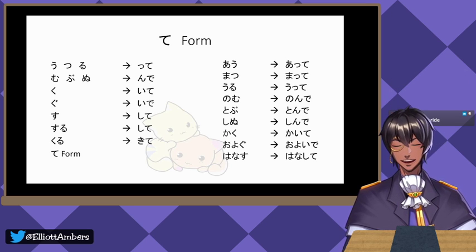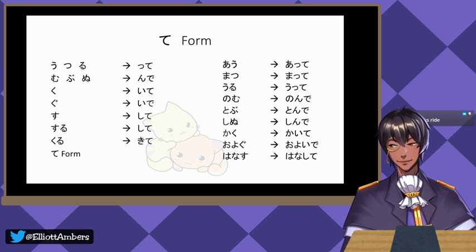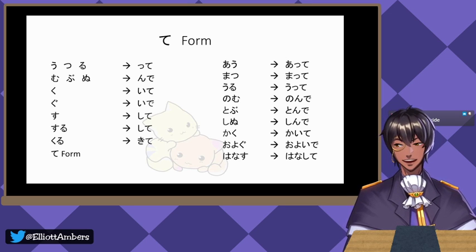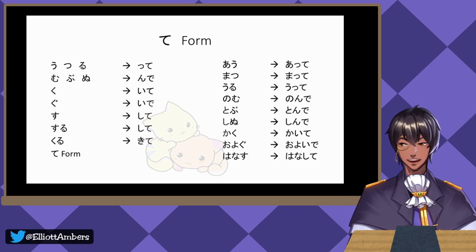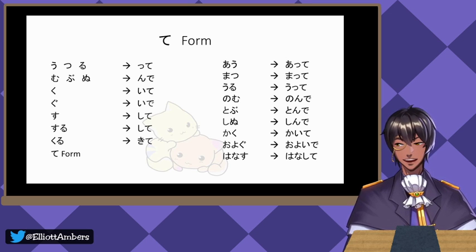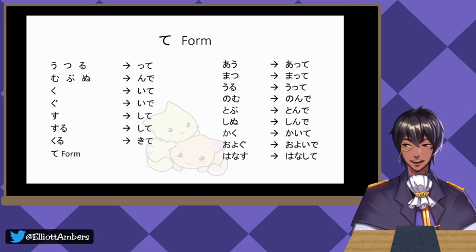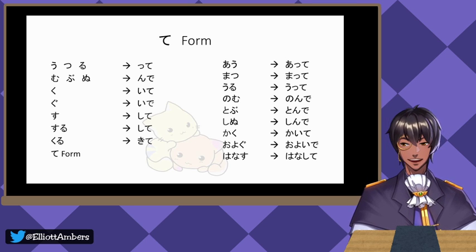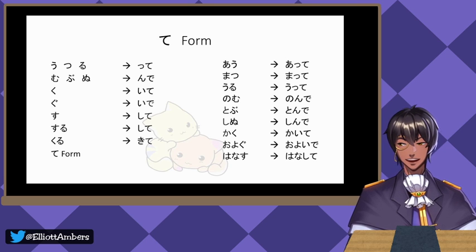So if you have u, tsu, or ru, you end it with te. Mu, bu, nu, any word that ends with those kana, end with nde. Ku ends with ite, gu ends with ide. Suru and su both end in shite. And kuru I didn't talk about, but this kuru is when we use that verb to come, to arrive at. Kuru becomes kite. And that's te form.